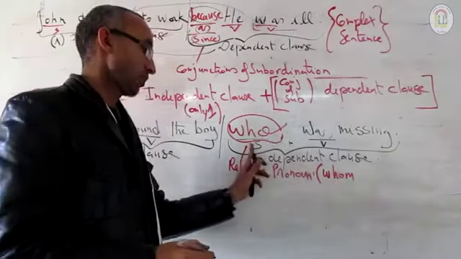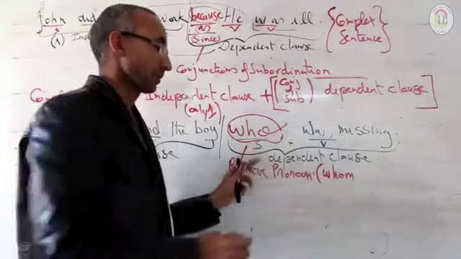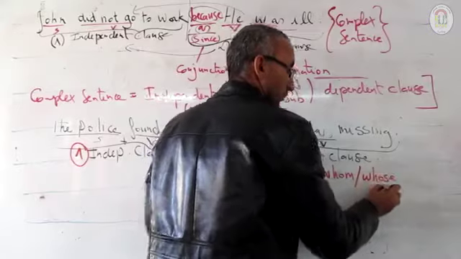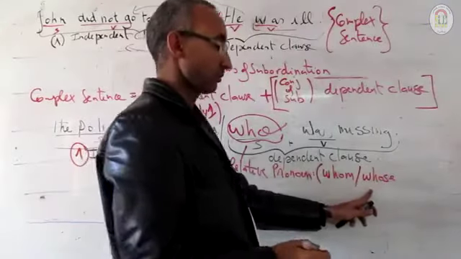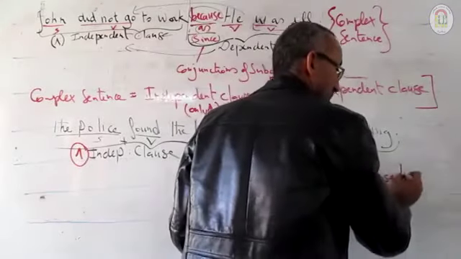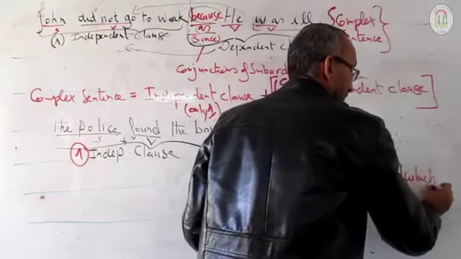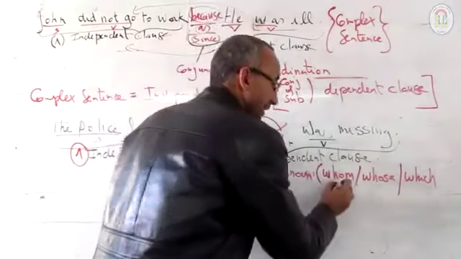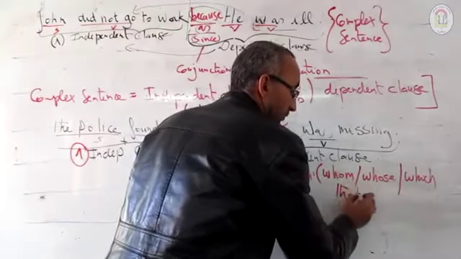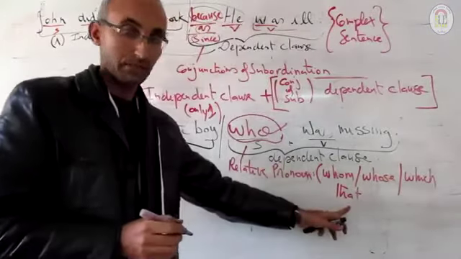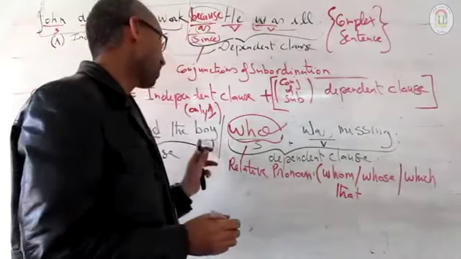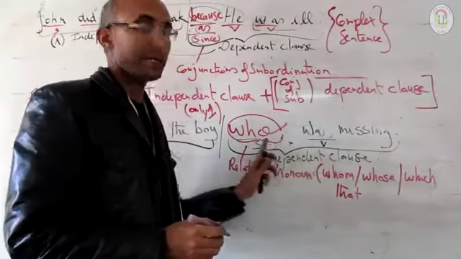Okay, here who, for persons as subject. Also, whose, for persons, possessions, properties. Also, which, for things. Alright. And that, for both, persons and objects. Can we also say here, boy that was missing? Here it's correct too.